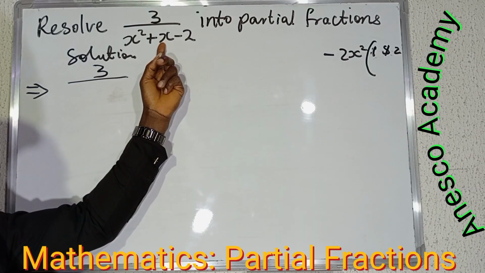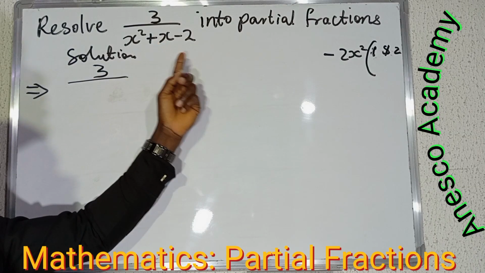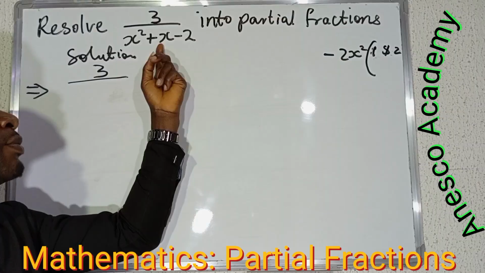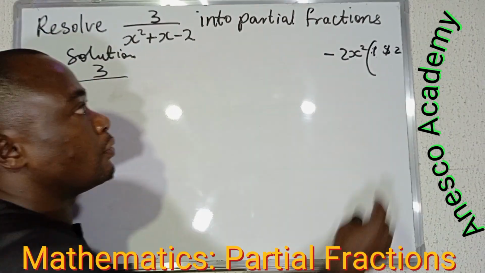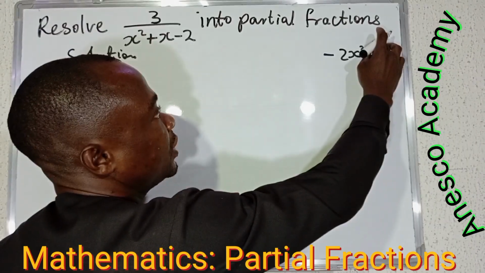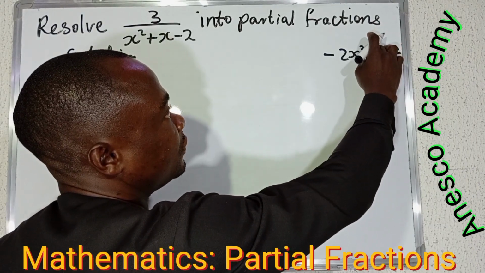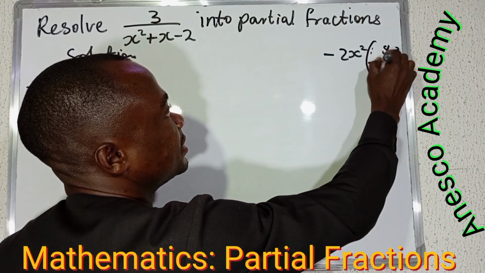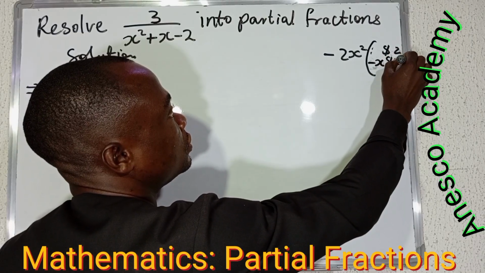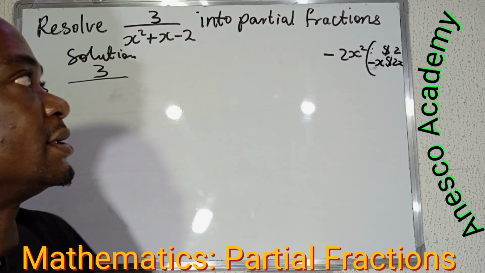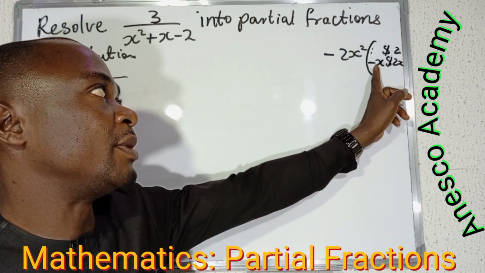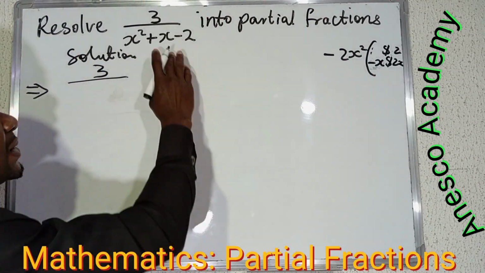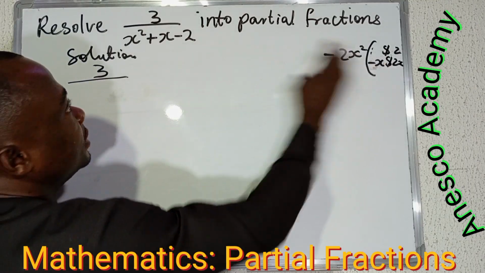If your b is positive, because they need to add up to b, then the bigger one has the positive sign, while the smaller one is negative. So the factors are minus x and 2x, because when you add minus x plus 2x, it will give you x.